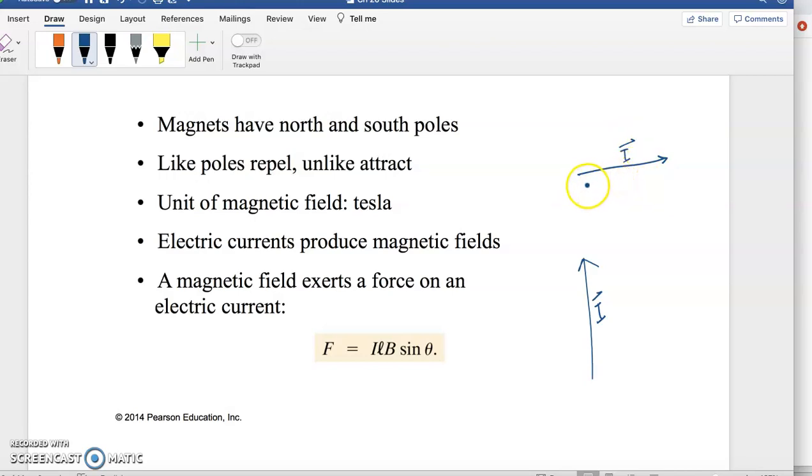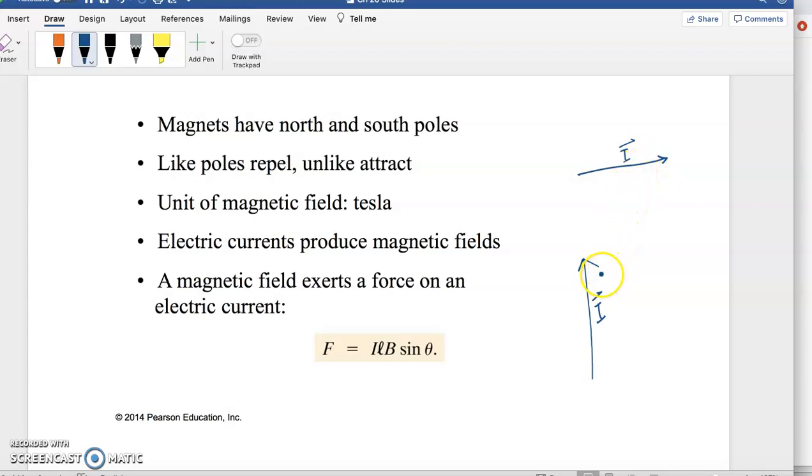Sometimes we don't feel it because the magnetic field is weak. Otherwise, through any wire where an electric current is going on, there will be a magnetic field around that wire.